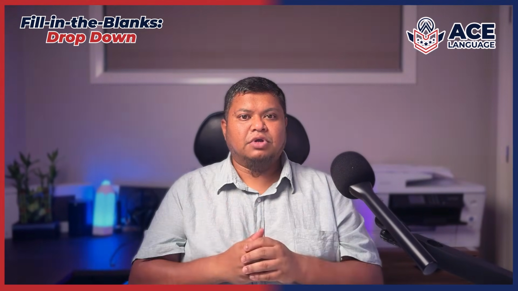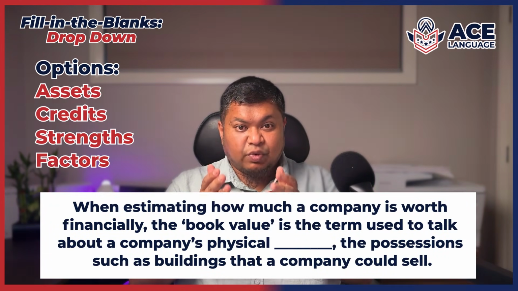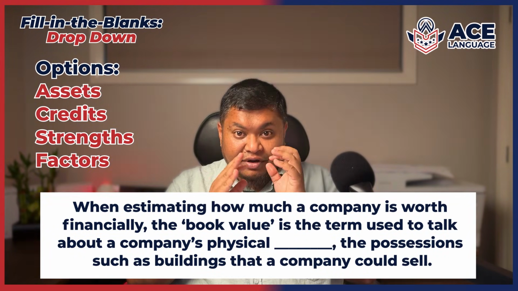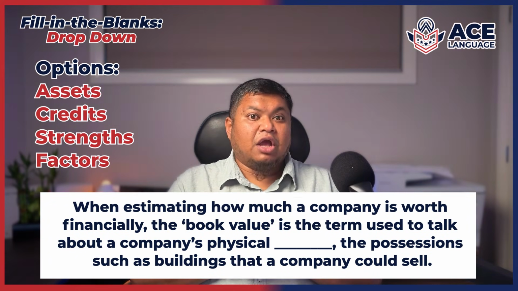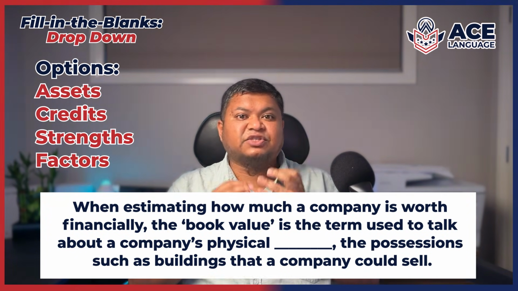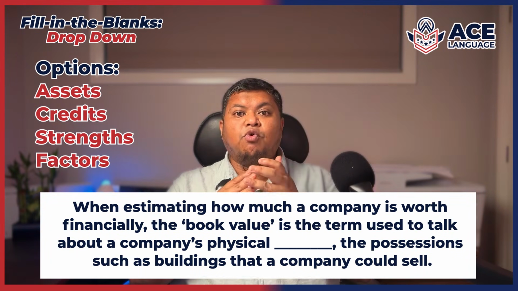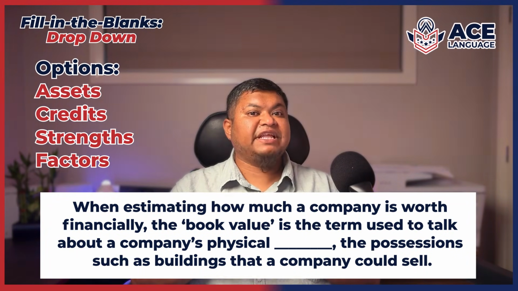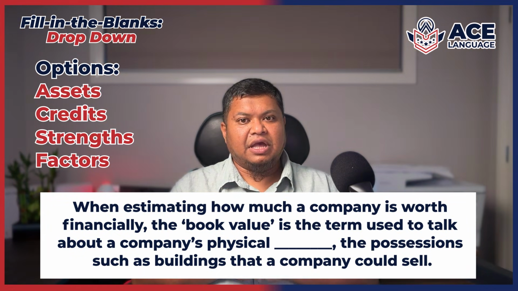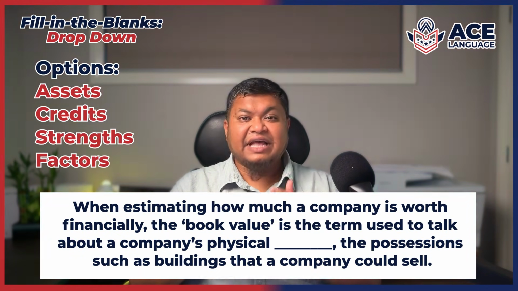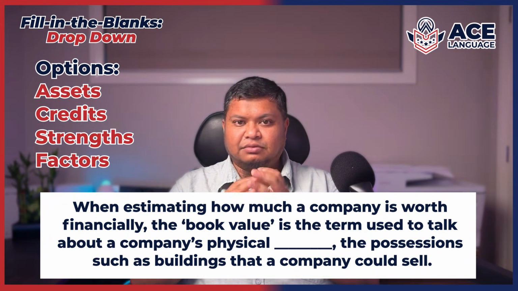For example, look at the sentence with the blank and 4 options on the screen. The sentence is: when estimating how much a company is worth financially, the book value is the term used to talk about a company's physical dash. The possessions such as buildings that a company could sell.